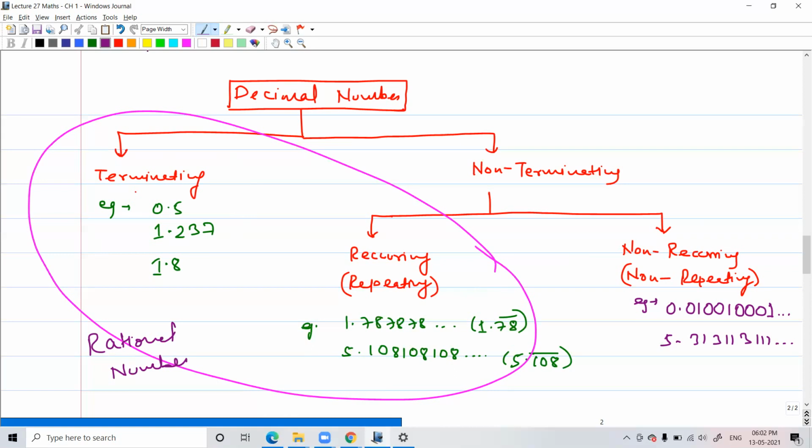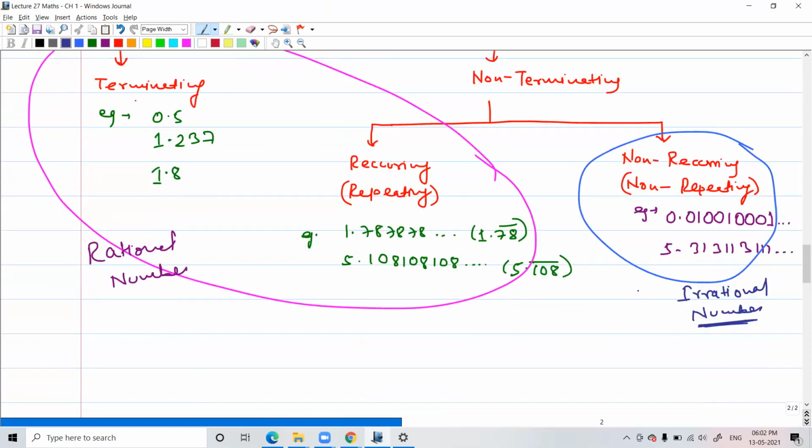Only this one alone represents the irrational number. Everyone is clear with this concept? Confirm quickly, give me yes or no. Yes, sir. Okay, fine.